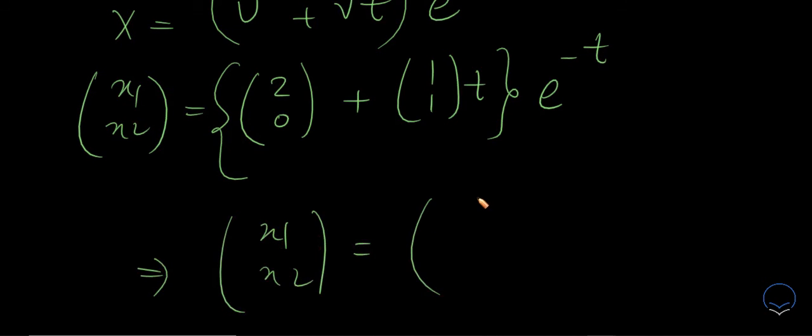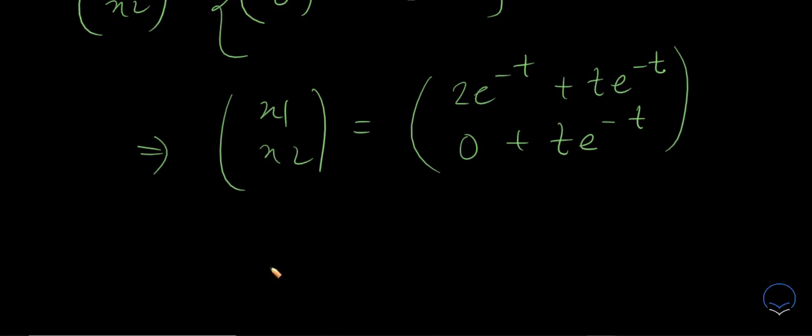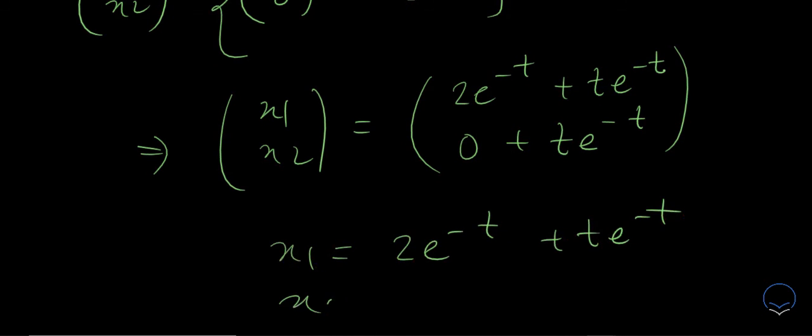So this will be just 2 e to the power minus t plus t e to the power minus t, and here it will be 0 plus t e to the power minus t. So you can finally write x1 as 2 e to the power minus t plus t e to the power minus t, and x2 as t e to the power minus t.